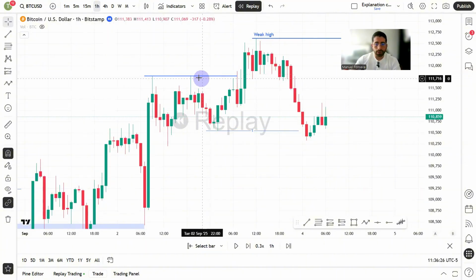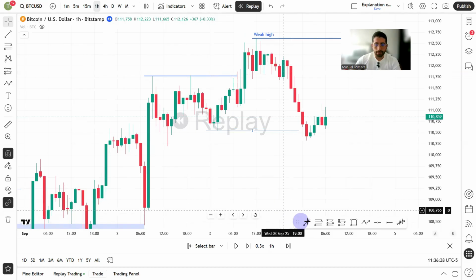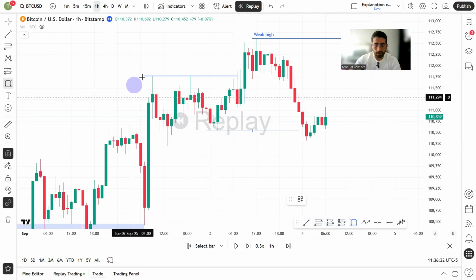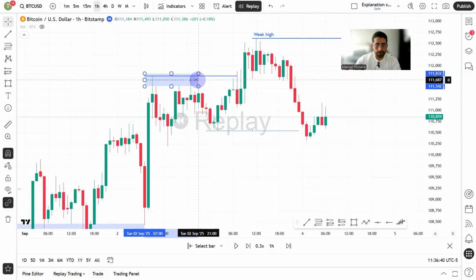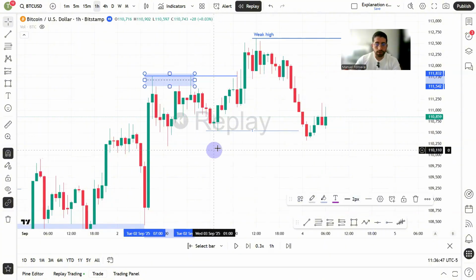Here we could see the first high that people would say, okay, it's a normal high, price would respect it. Then when you see the second high, which is touched, people start saying, oh my gosh, this is a double top opportunity. Let's execute an order right there.